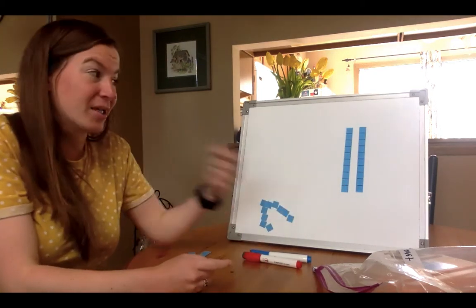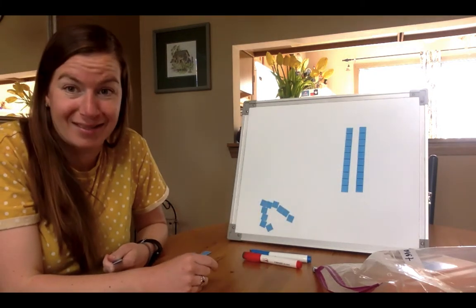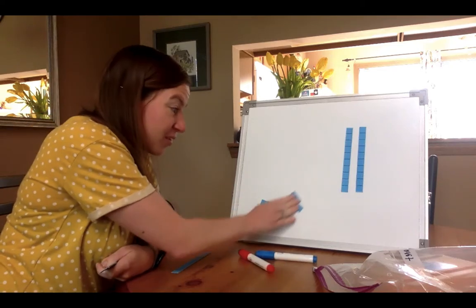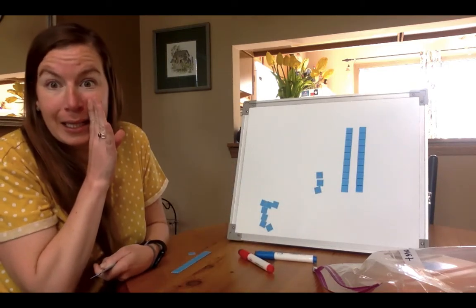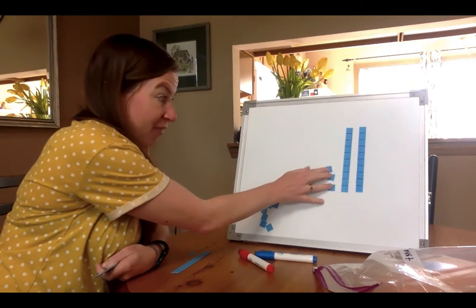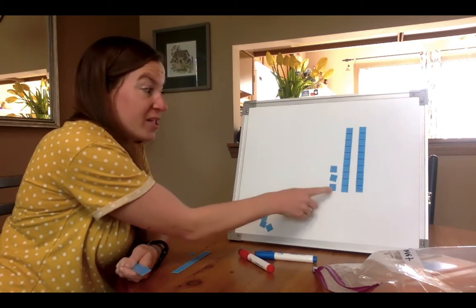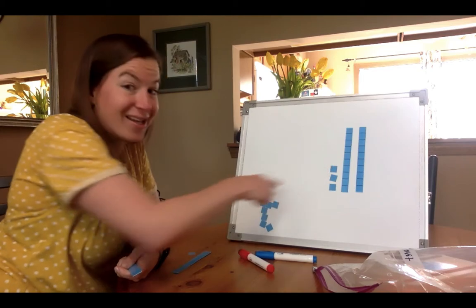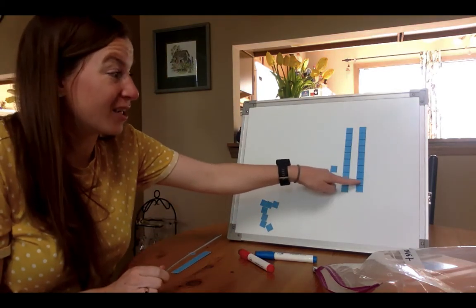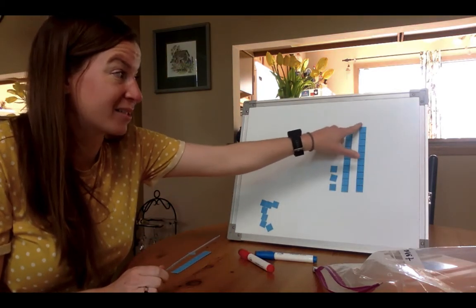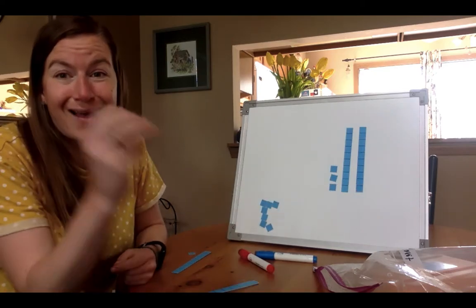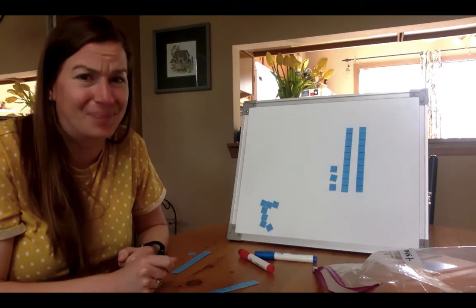I can skip count it because I automatically know both of those are 10s. If on IXL, I have that, and then this, I might count 10, 20, and then count on 21, 22, 23. So I don't have to sit there and count each of these individual blocks because when I see these grouped together like this, I automatically know it's 10.